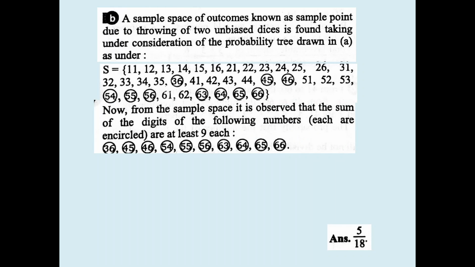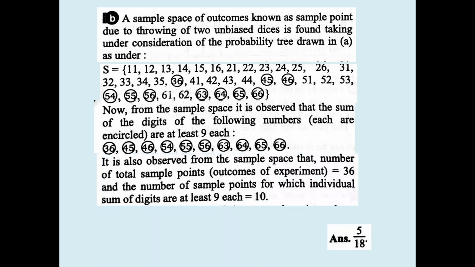Now, from the sample space, it is observed that the sum of the digits of the following numbers, which are encircled, is at least 9 each. These are 36, 45, 46, 54, 55, 56, 63, 64, 65 and 66.